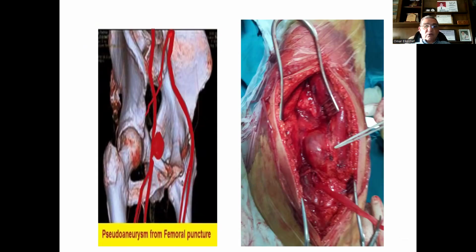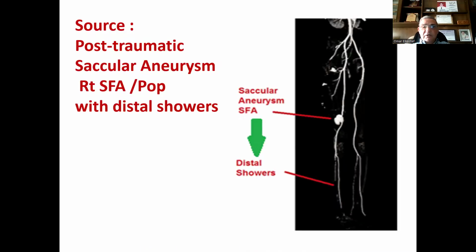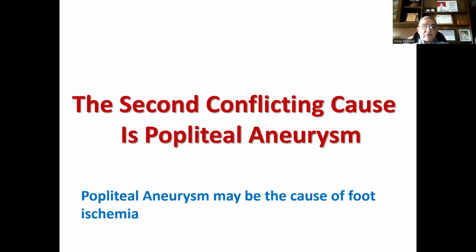This is pseudoaneurysm of the femoral artery after angioplasty, coronary or peripheral, which may lead to distal thrombosis. This is a case of traumatic saccular aneurysm at the junction of the right SFA and the P1, leading to thrombosis and distal showers in the tibial arteries.